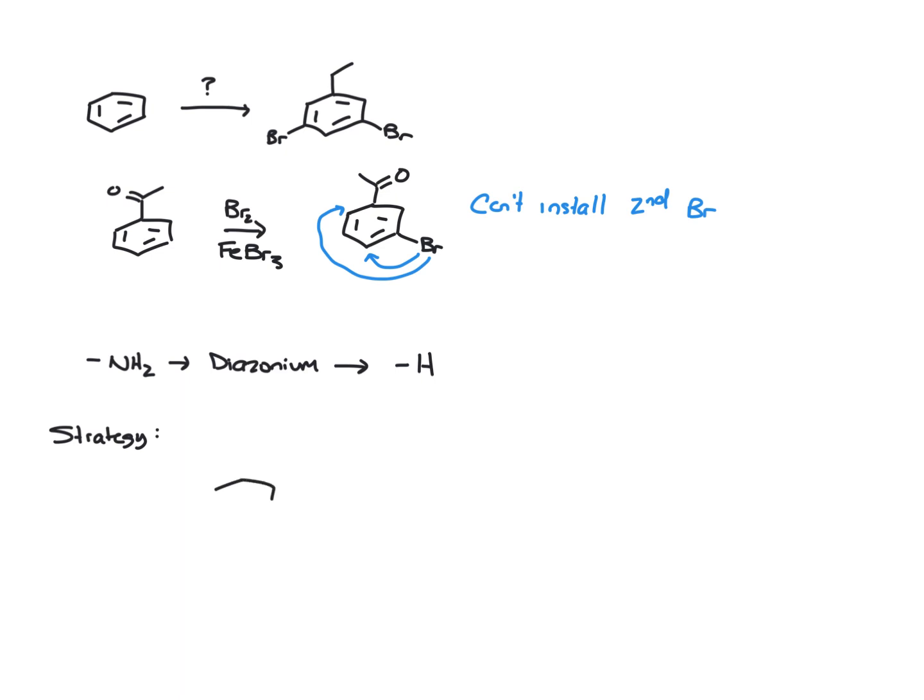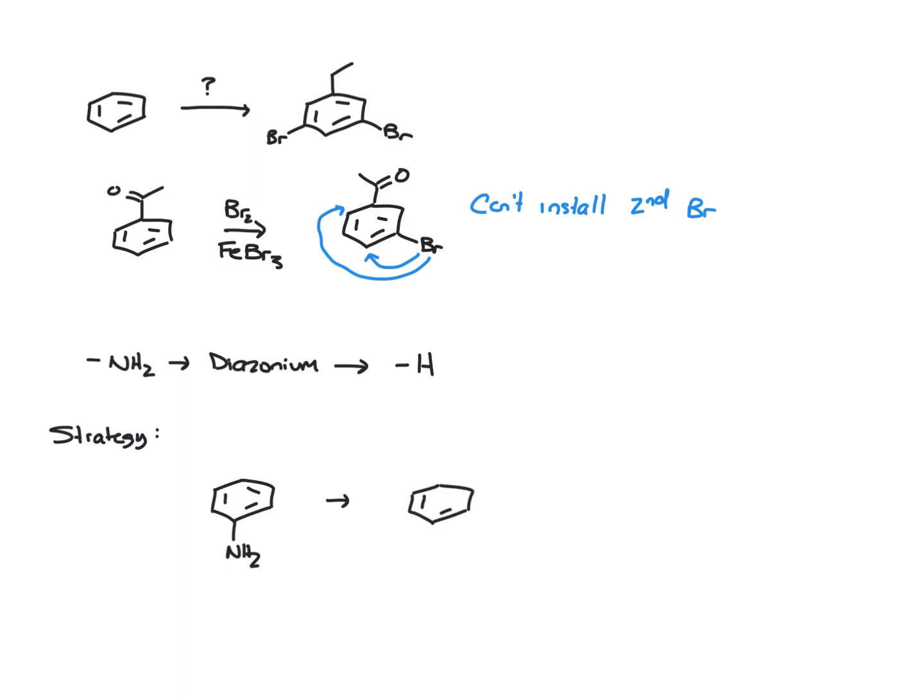We're going to start with benzene, and first put an NH2 group right here. That NH2, we're going to use as kind of our main director and take advantage of it, but eventually remove it. So we're going to put that NH2 on.